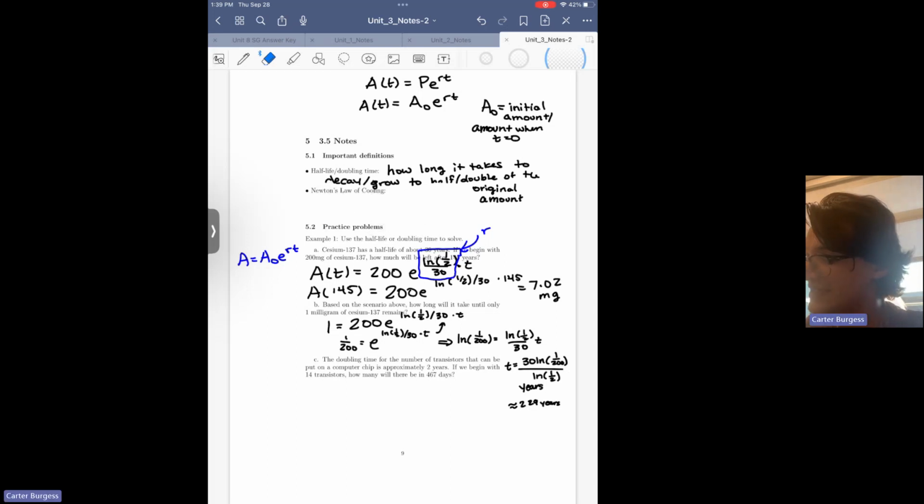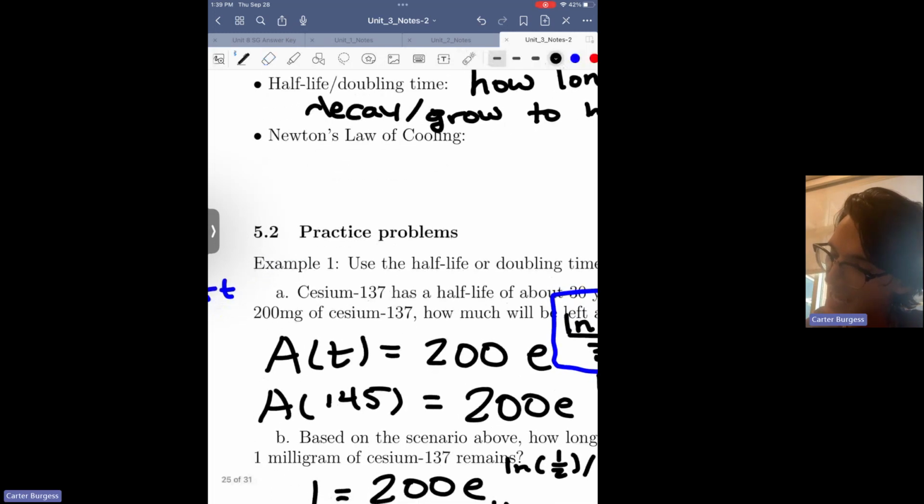So we are going to be looking today at one more example. We did half-life and doubling time as our first application of our logarithms and our exponential functions. Our second application here is going to be something called Newton's law of cooling. The very basic premise of this is something that you guys have probably found to be very, very intuitive.